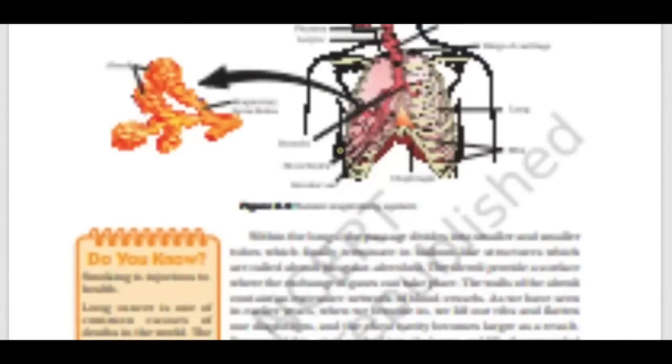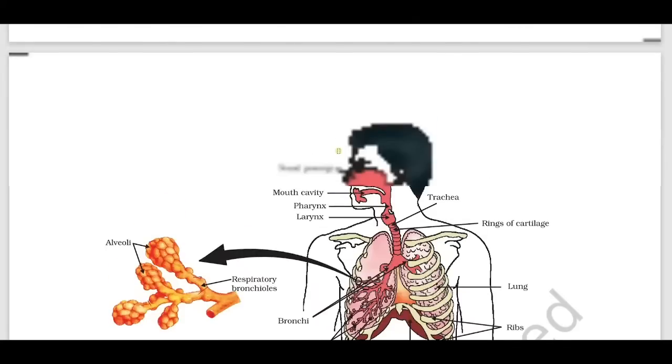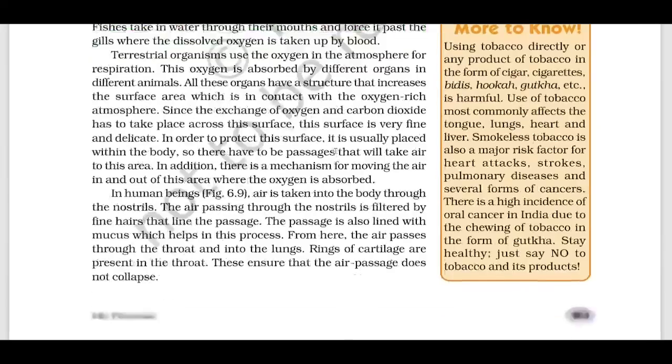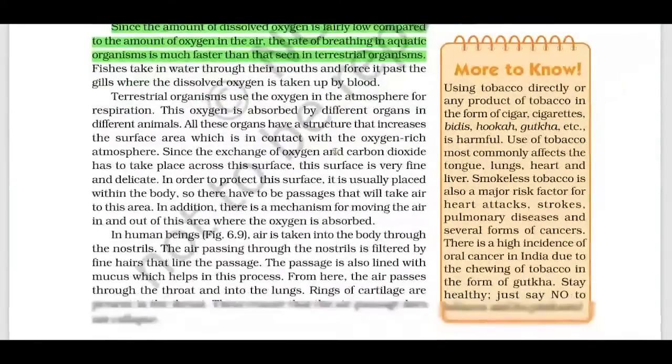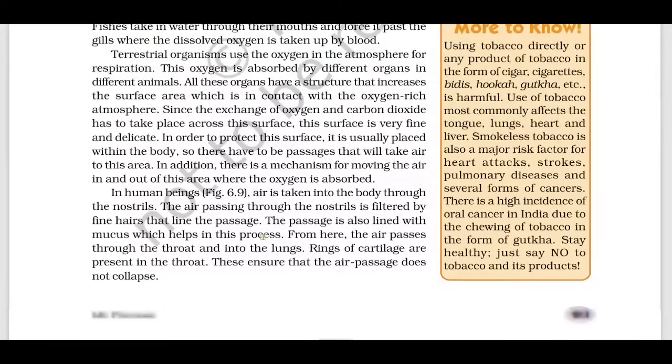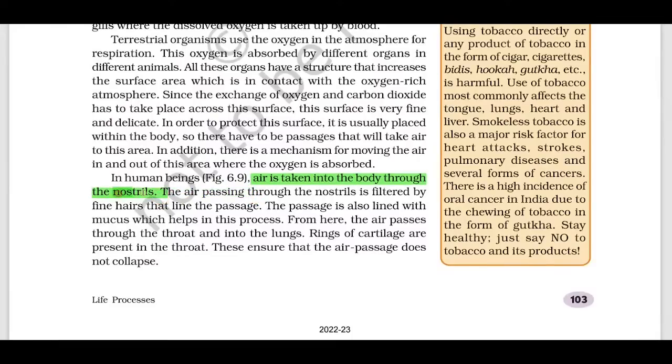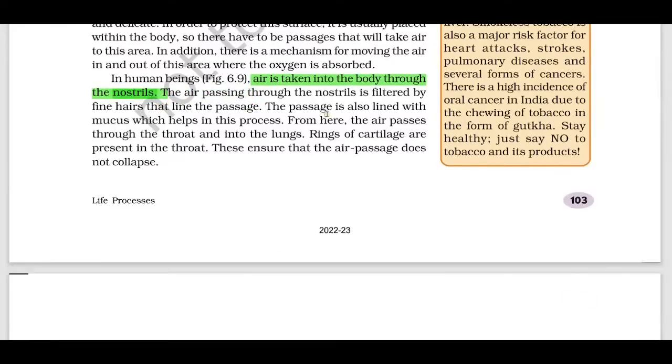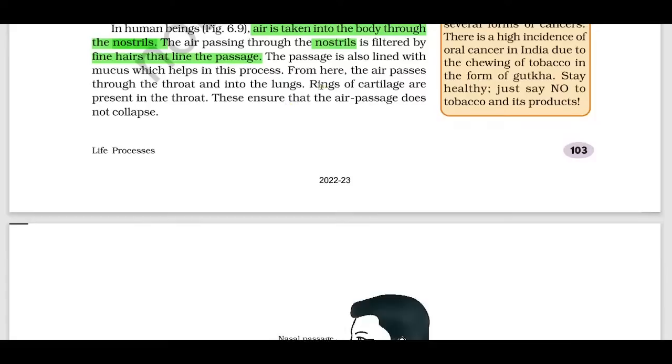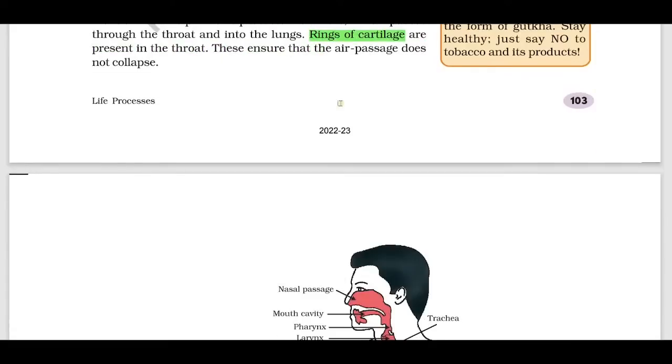Now we'll see the next life process, that is respiration. In human beings, air is taken into the body through what? Nostrils. That is the function of the nostril. You should know the function of the nostril and the function of fine hairs present inside the nostril, and also the function of the rings of cartilage.